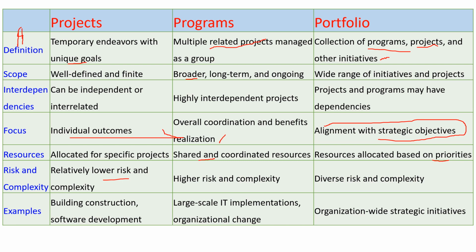The overall organizational change can be another example of a program, because to accomplish the organizational change there may be several projects. That's why it becomes a program. And in the case of a portfolio, organization-wide strategic initiatives are examples.